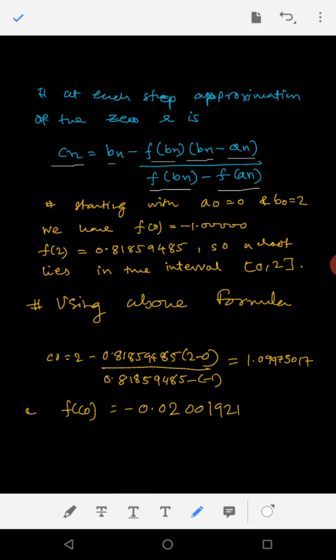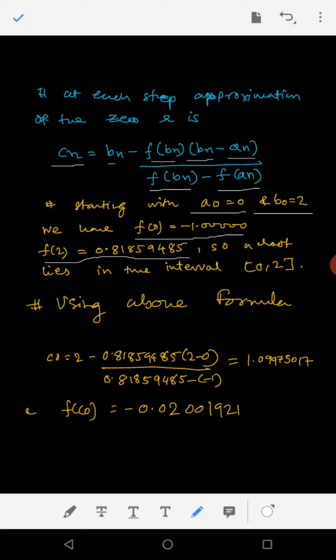So starting with 0, because our initial interval was 0 to 2, let us name it a0 is equal to 0 and b0 is equal to 2. We have to evaluate and check that opposite sign condition first, by evaluating the function at the interval values, whether we are getting opposite signs. So f(0) evaluated turns out to be this, f(2) turns out to be this.